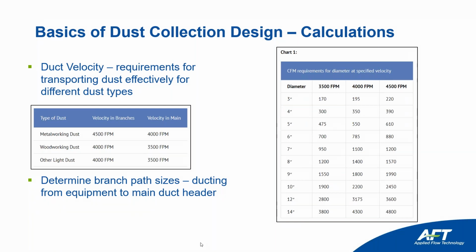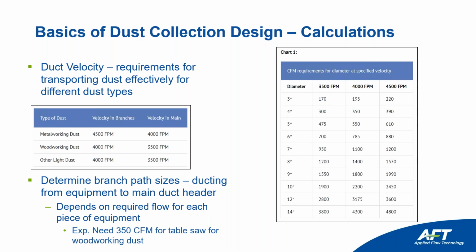Now, again, one of the things that AFT Arrow demonstrated is that this chart is just not good enough, because even with these rules of thumb, your system a lot of times is not going to meet these requirements. That's where you need a more intelligent design rather than just reading things off of rules of thumb and charts like this.